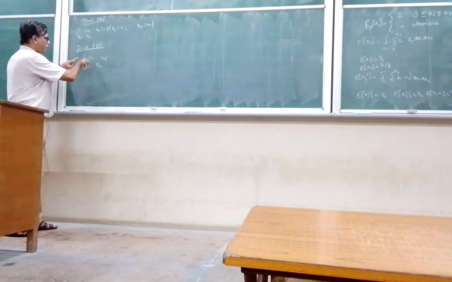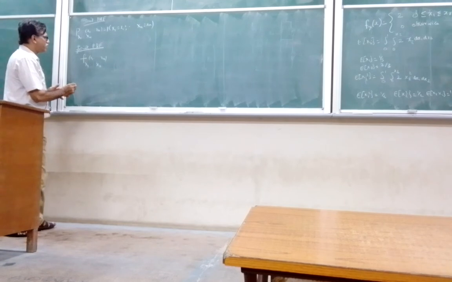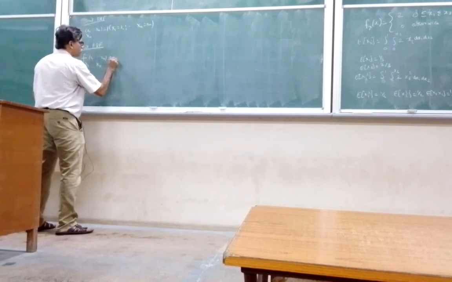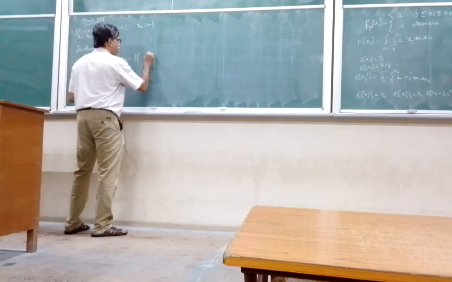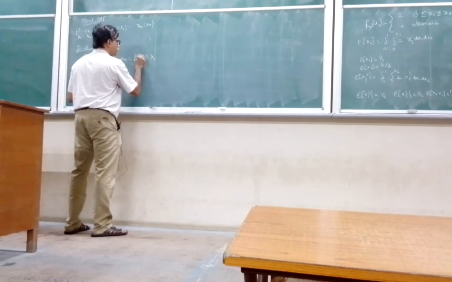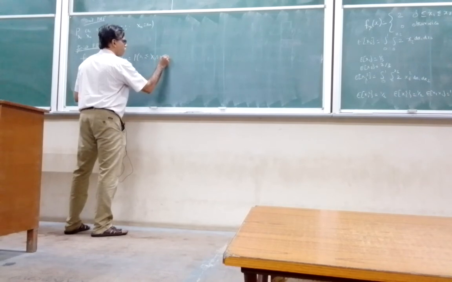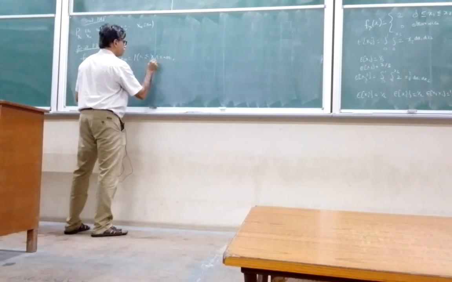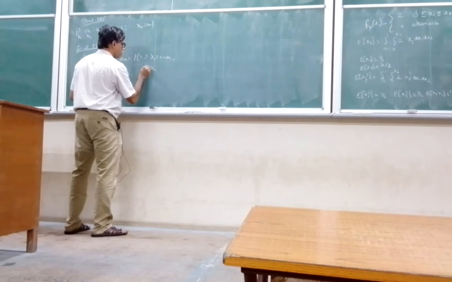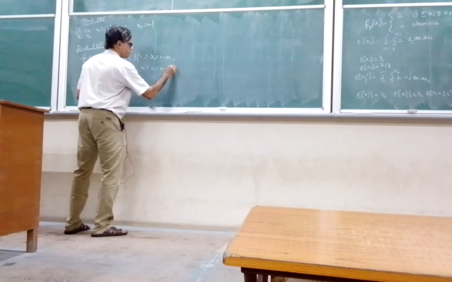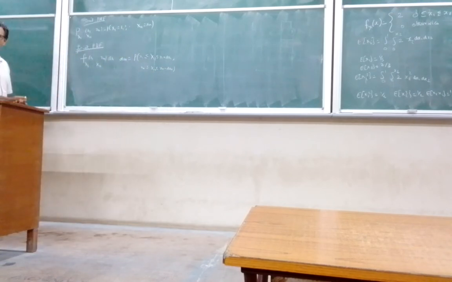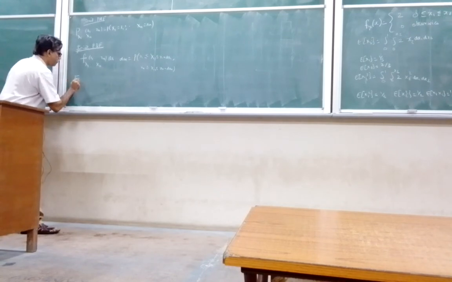If we have f of X1 to Xn as the joint density function, then f into dx1 to dxn is the probability that X1 lies between small x1 and x1 plus dx1, and so on. This is the interpretation, and how CDF and PDF are related is the same.